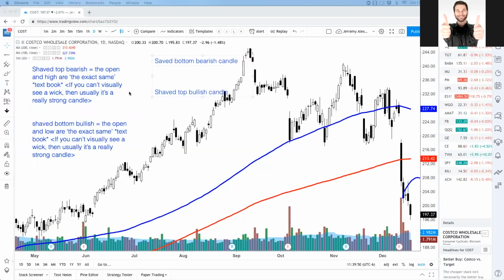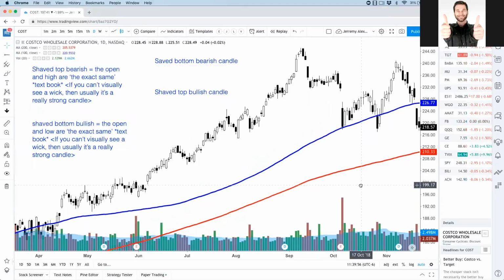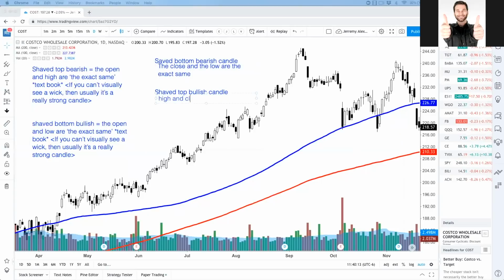I'm running out of space, so let me move this to the white side a little bit. I could do it on the whiteboard, but I always like writing on top of the charts. The shaved bottom bearish candle is when the close and the low are the exact same, and the shaved top bullish candle is when the high and close are the exact same.